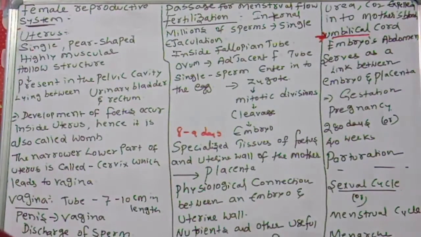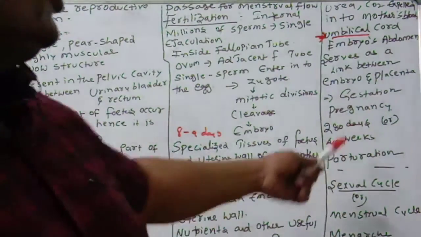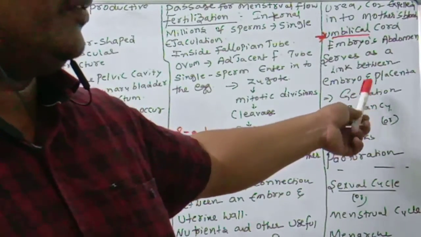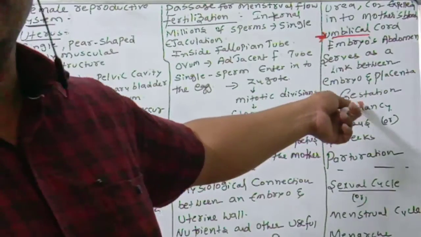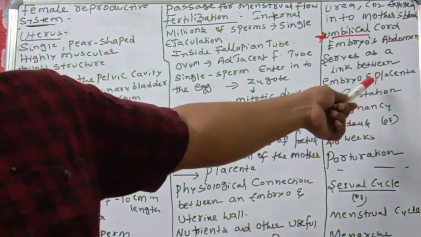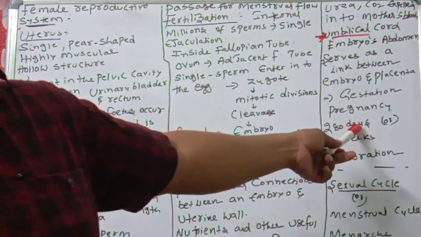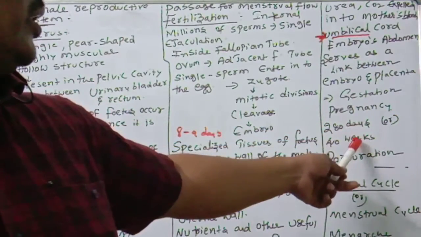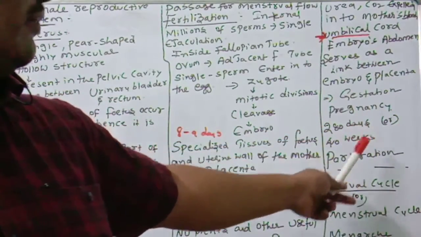Different animals have different gestation periods. A dog has one gestation period, an elephant has a gestation period of 365 days. But here, especially the human gestation period is nearly 280 days or 40 weeks.